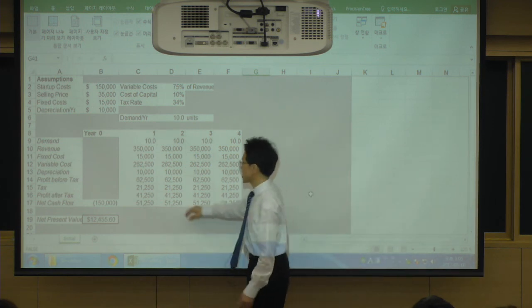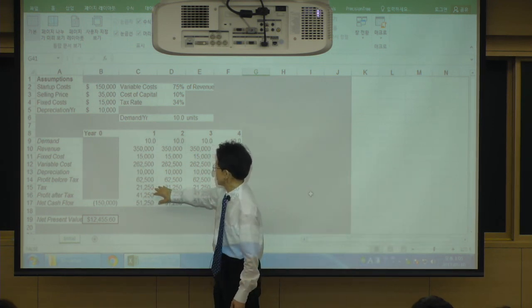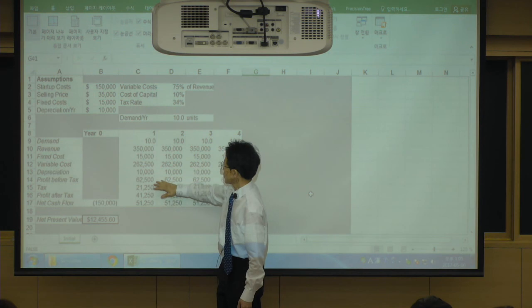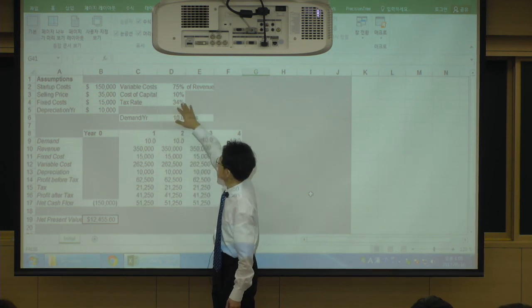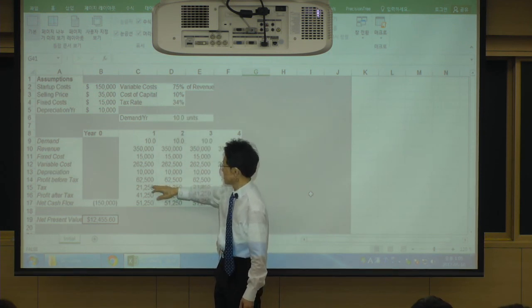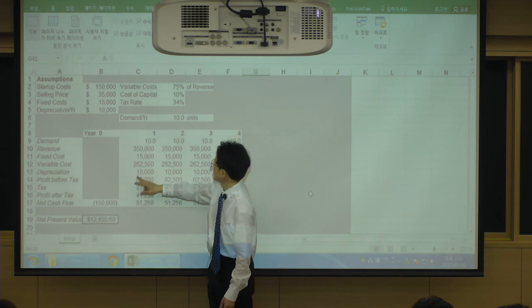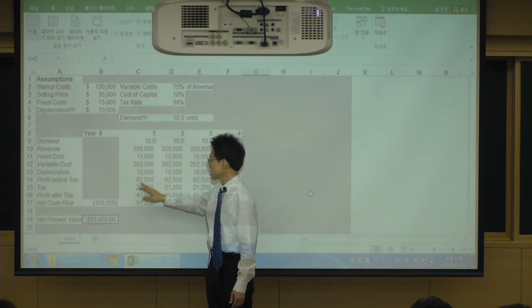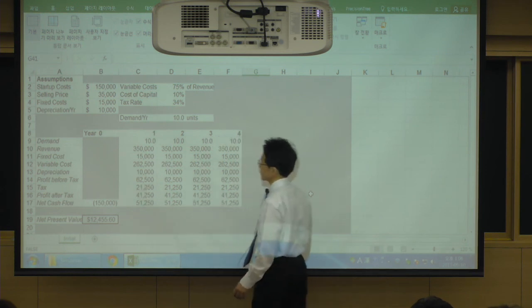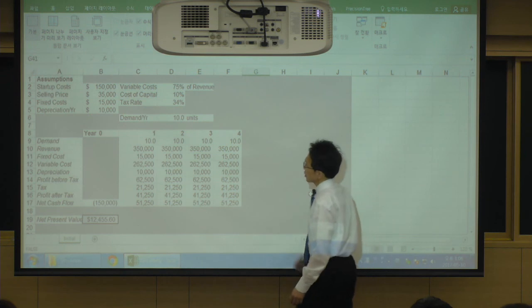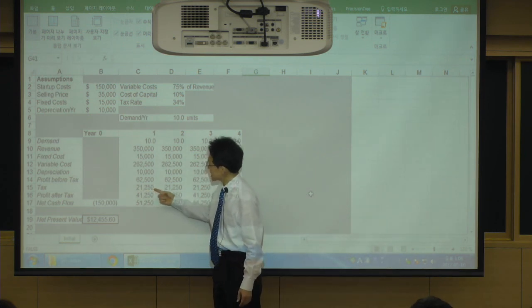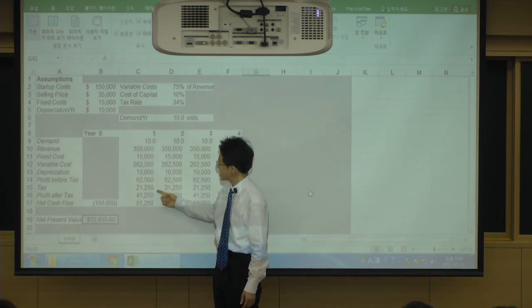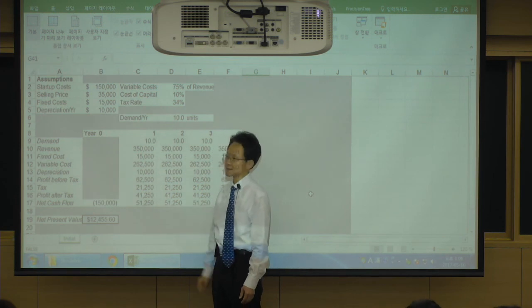Profit after tax implies that we need to pay tax. The tax rate is 34%, so you multiply 0.34 by 62,500 and you get the tax amount, 21,250. If you subtract this tax from profit before tax, you have the profit after tax.